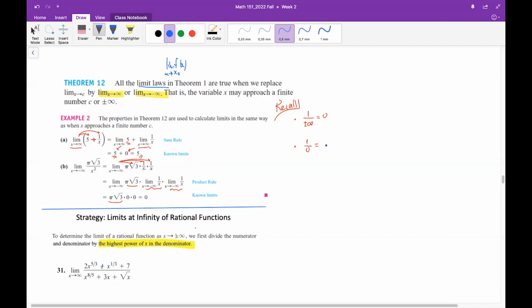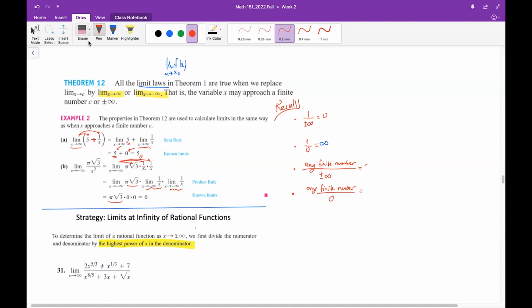The result is infinite. Another case: any finite number divided by plus or minus infinity is 0, and any finite number divided by 0 is what?